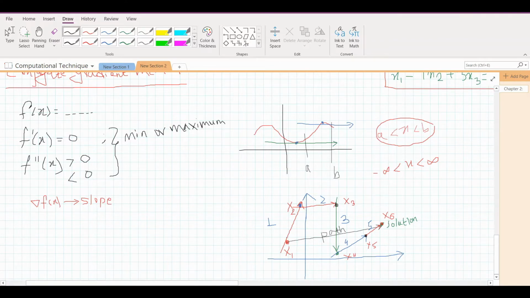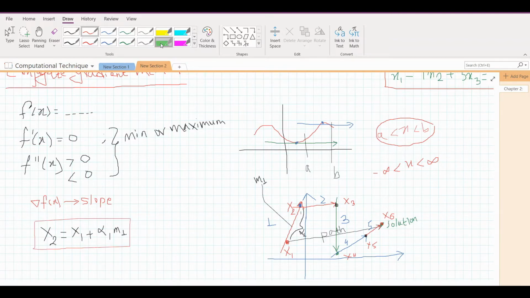So if the slope of this line here is m1 and this length here is alpha 1, then your x2 will be equal to x1 plus alpha 1 m1.